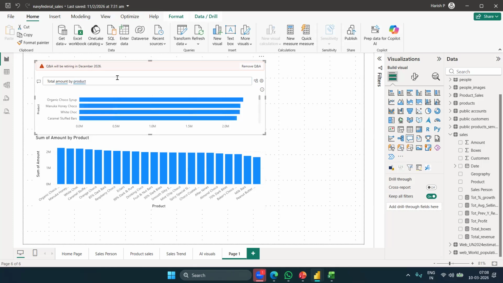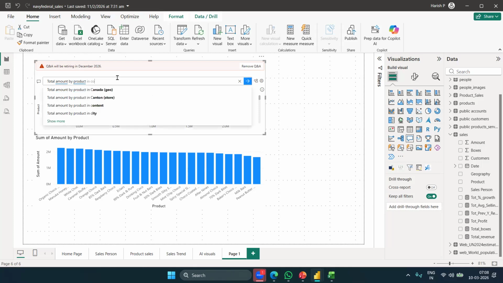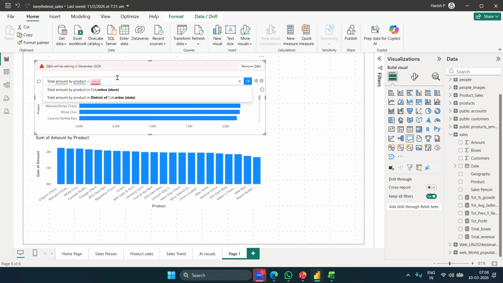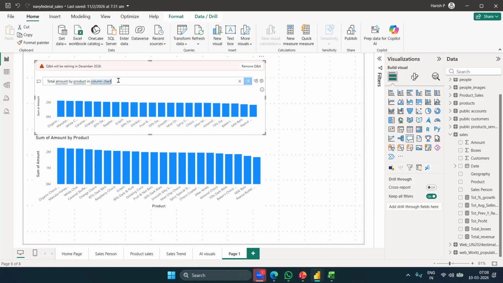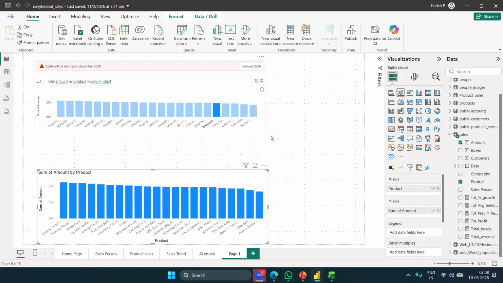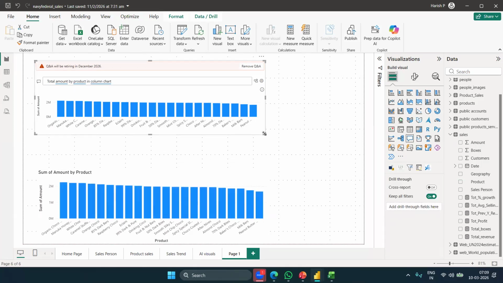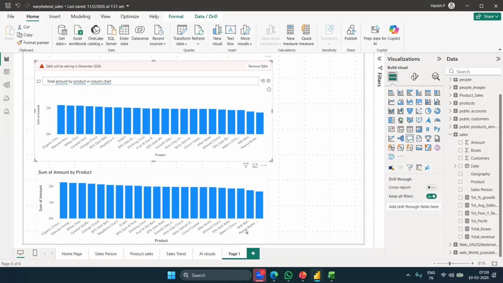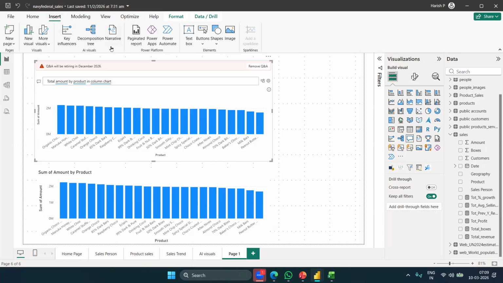See, in column chart. So as part of our training, we are going to learn how we normally create this one and how we are going to create this with the AI-related tools.